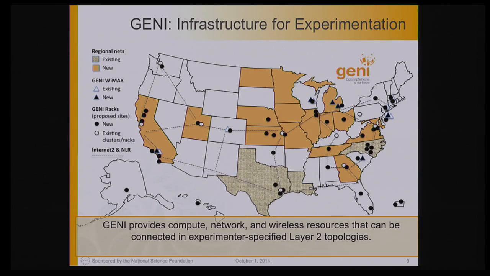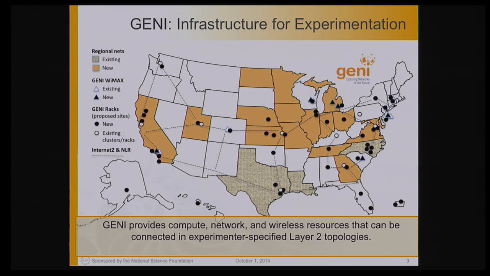This is a picture of how GENI looked when we started a few years ago. The resources that were contributed were OpenFlow switches, servers that could run virtual nodes, virtual machines, and regional networks, basically the states that you see colored in, were providing access over pieces of their infrastructure.